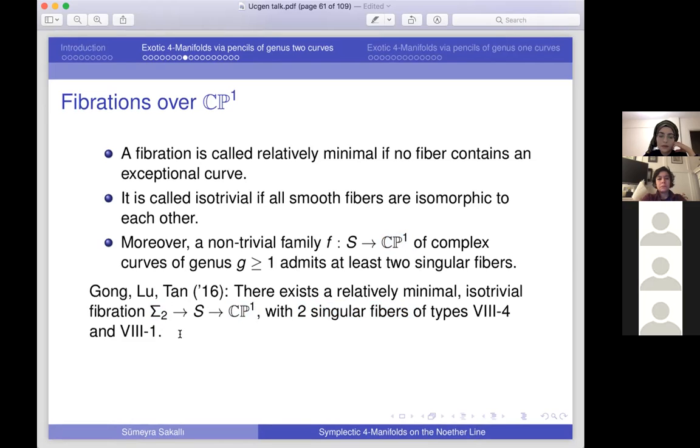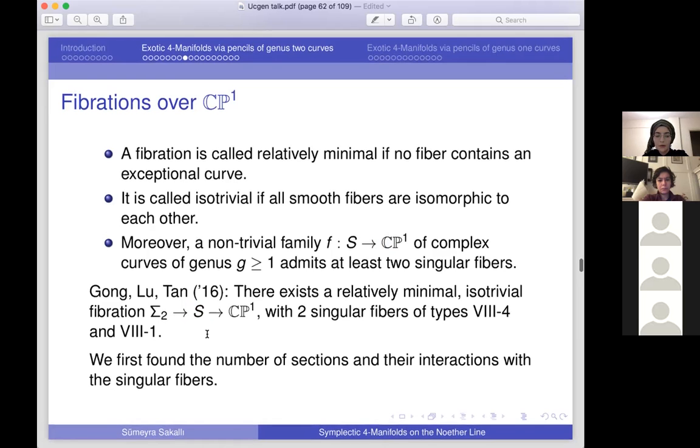So great. They show that our fibers 8-4 and 8-1 are coming together inside a complex surface S. It is an algebraic variety. But for us, it is just CP2 blown up at 13 points. And inside that 4-manifold, these 2 fibers are coming together.